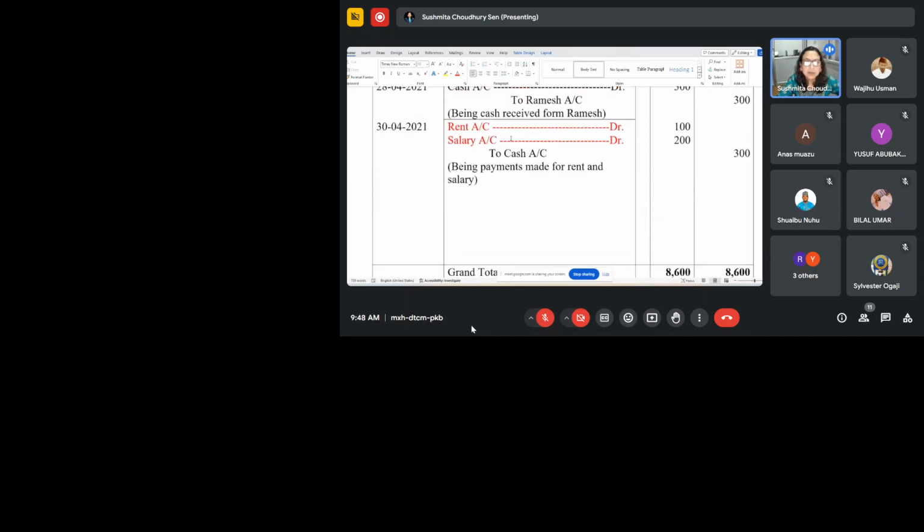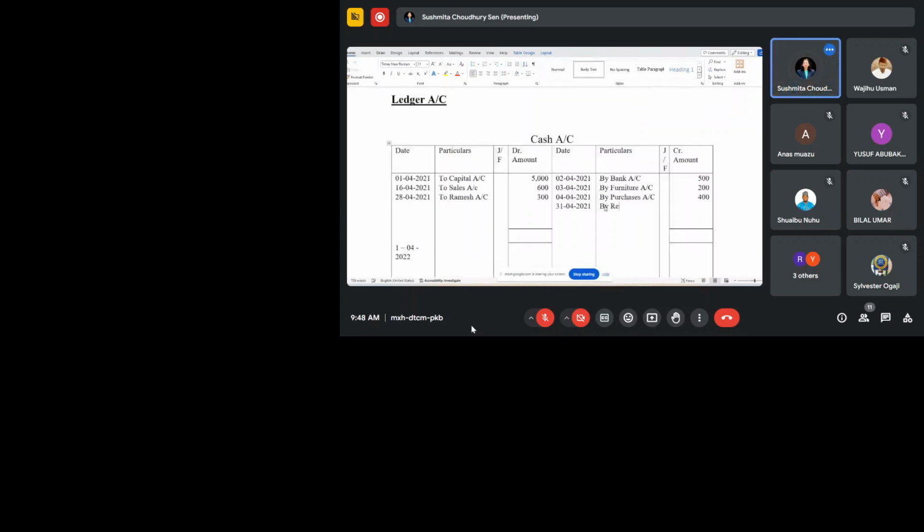I think one more entry is left, that is rent account debit, salary account debit to cash account. Means cash is falling on two sides, so we need to refer to the credit side: 200, by rent account, that is 100, and by salaries account another 200.